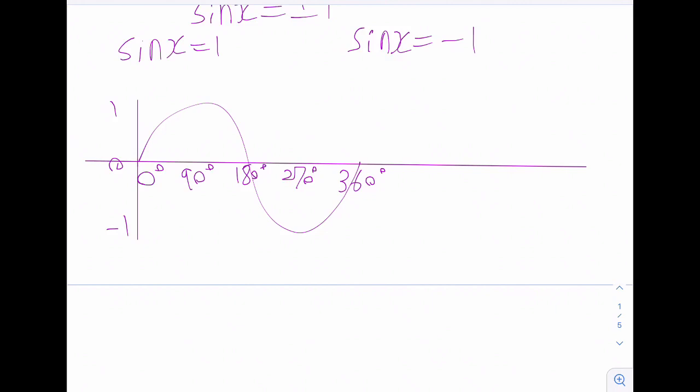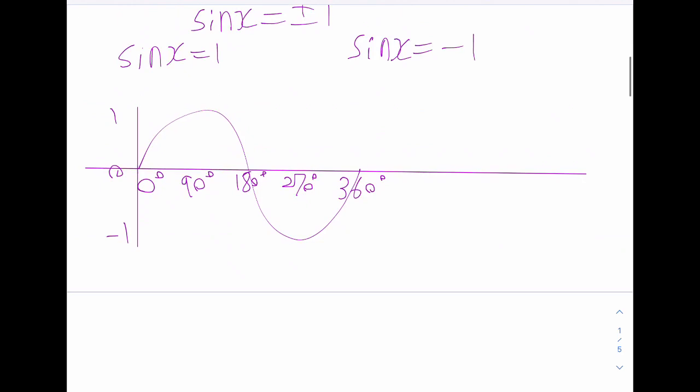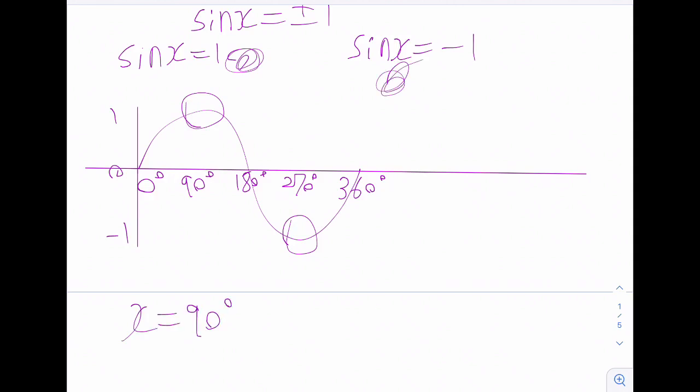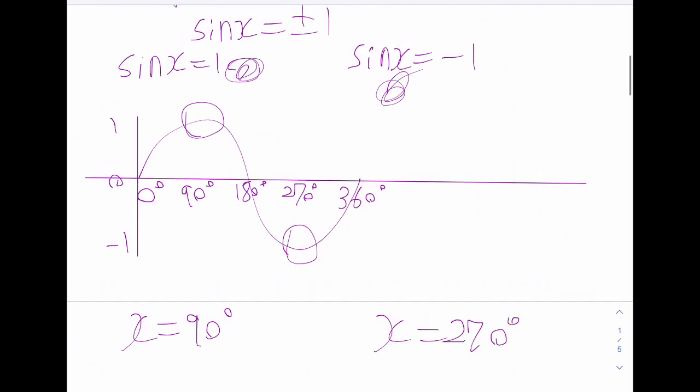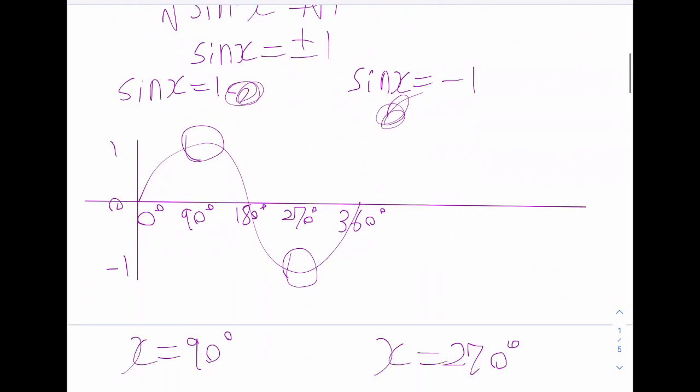Now, sine of x is equal to 1 within our initial restriction when x is equal to 90 degrees, and sine of x is equal to negative 1 when x is equal to 270 degrees. But wait, guys, our restriction states that x cannot equal 90 degrees and x cannot equal 270 degrees.